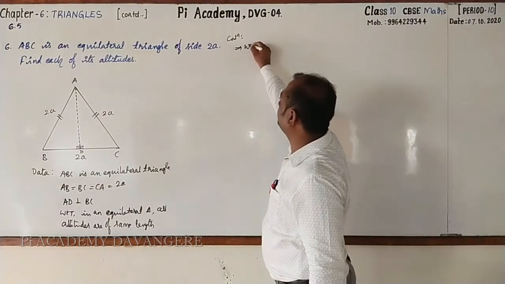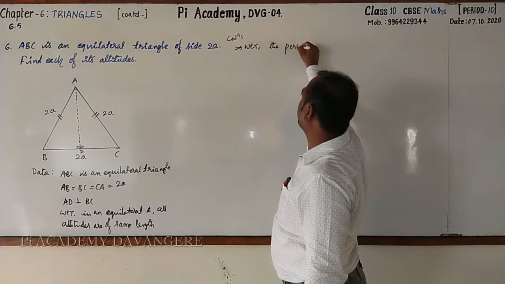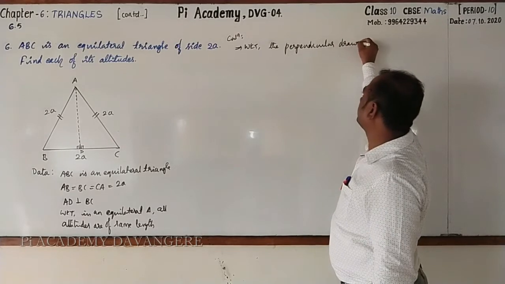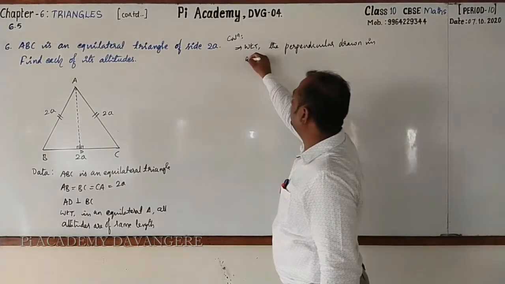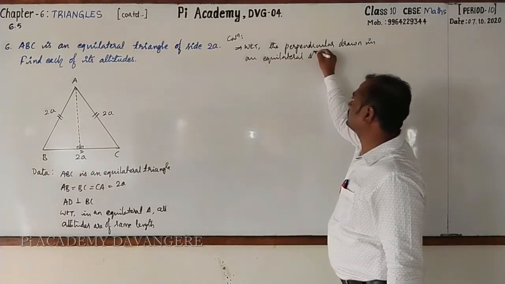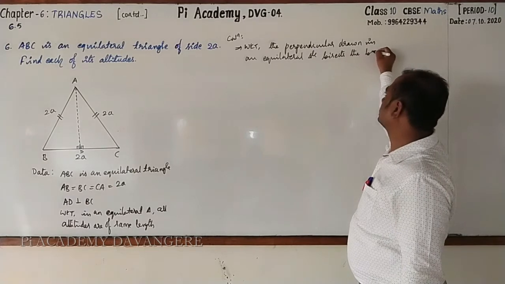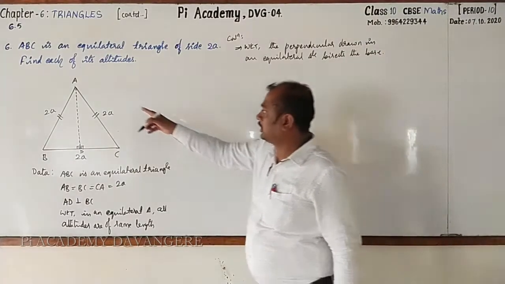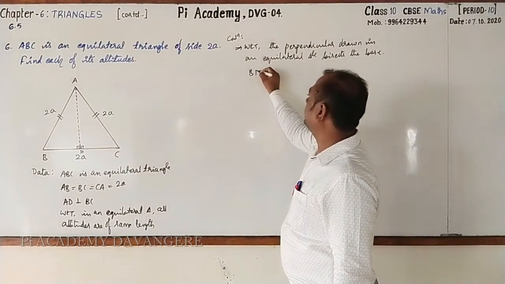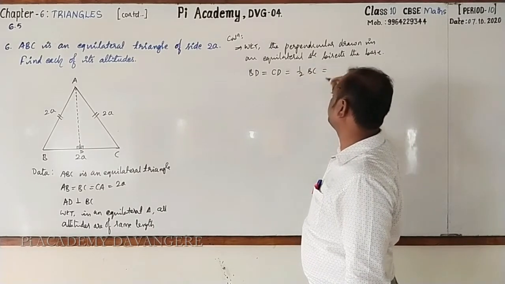Please go on writing with me: the perpendicular drawn in an equilateral triangle bisects the base. Therefore, you can write BD equal to CD, which is equal to half of BC.